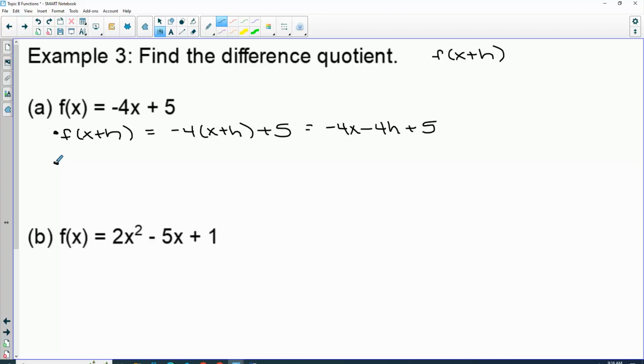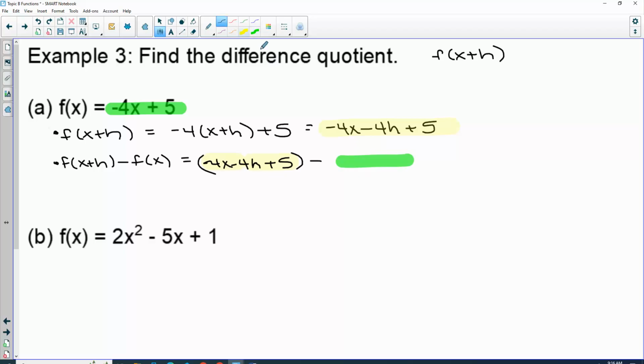Then, step 2, we take the f of x plus h and we subtract f of x. F of x plus h is what we just found, so it's just bringing that answer down. Minus f of x is what we started with.